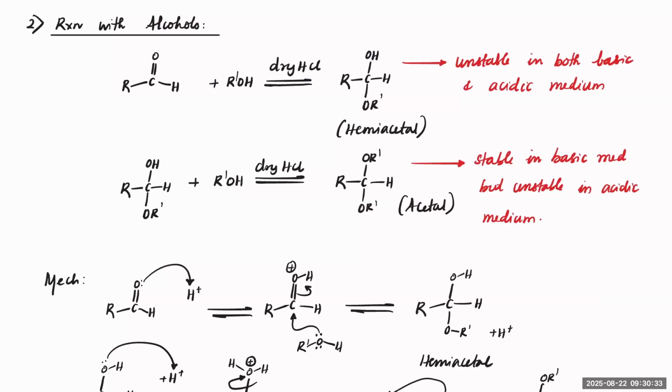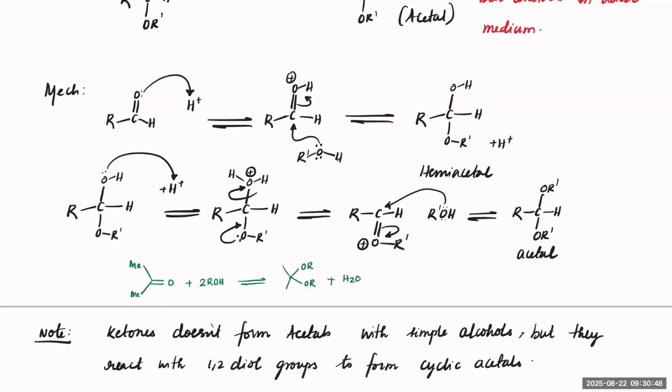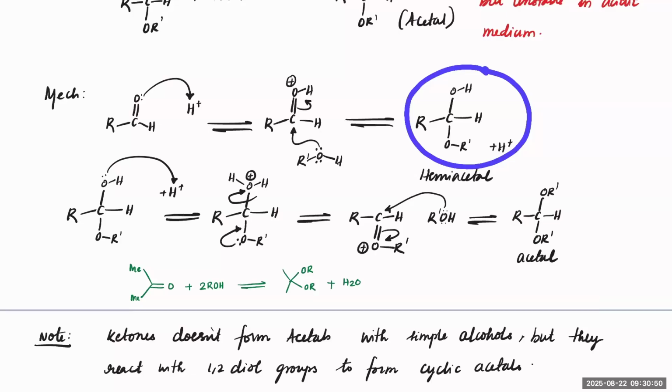So now, once you have this hemiacetal, and if you have excess alcohol, this hemiacetal will further react, right? See, how does it react now? First, this is a hemiacetal form, okay? And this hemiacetal can take again H plus from the dry HCl here and convert into OH2. OH2 is a good leaving group.